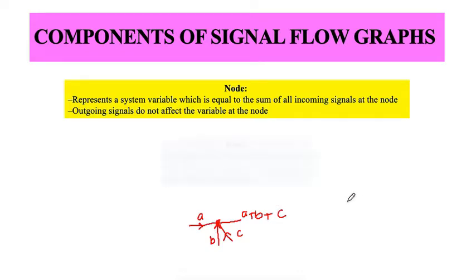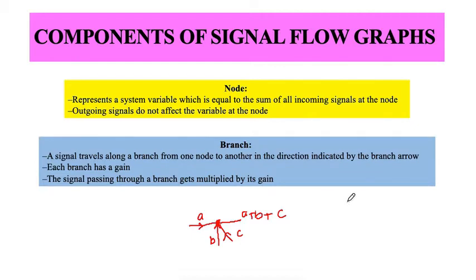A branch is along which the signal travels from one node to another. If this is a node N1, and the signal travels here to node N2, this is called a branch. Each branch could possibly have a gain.